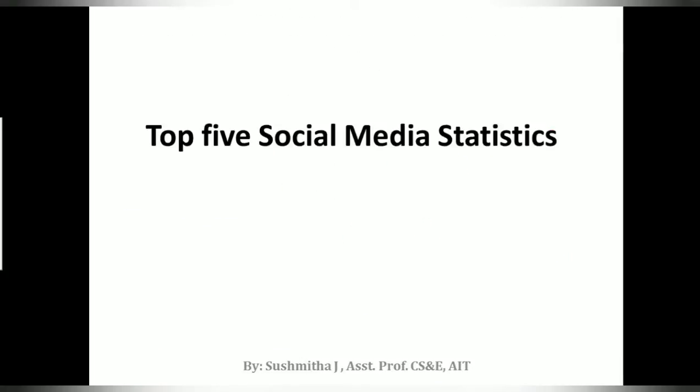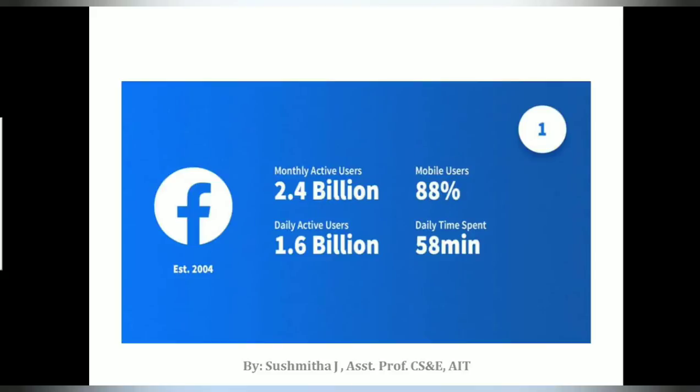I will now show you some statistics of social media. I have taken the top 5 of the current year, 2020. The top one is Facebook, which has 2.4 billion monthly active users and 1.6 billion daily active users.